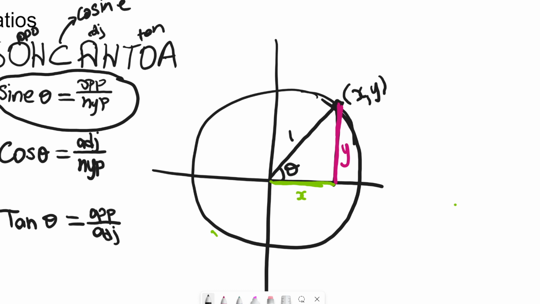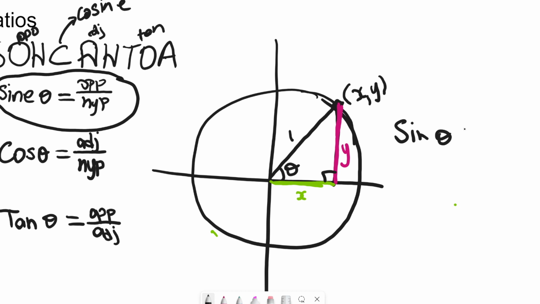Now, if we have this right triangle inscribed in our circle, and we are trying to identify what x and y are in terms of sine, cosine, and tan, if any, let's apply the trig ratio SOHCAHTOA to our triangle inscribed inside the unit circle. So sine of theta, again, this time we're looking at the unit circle.